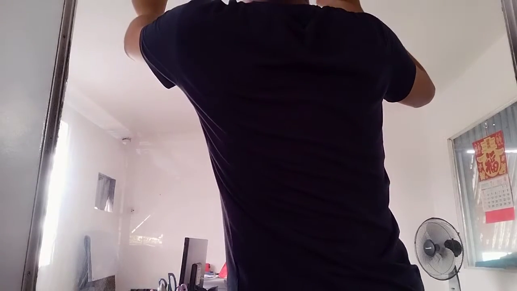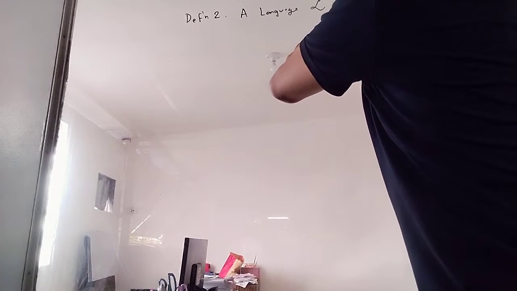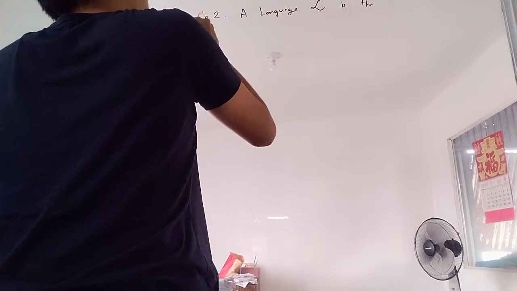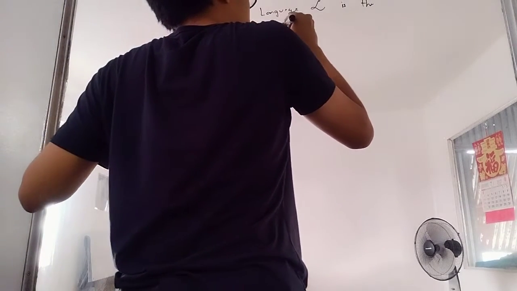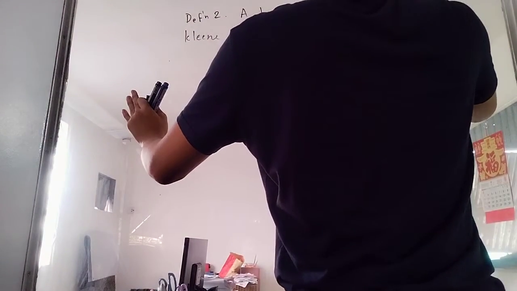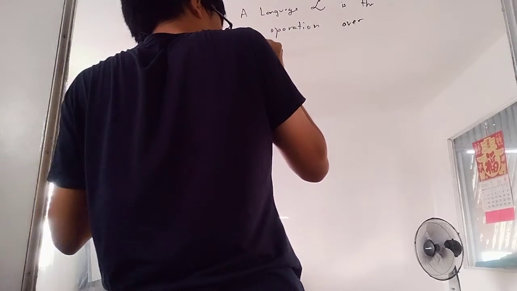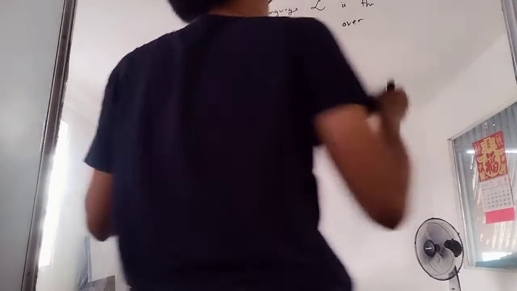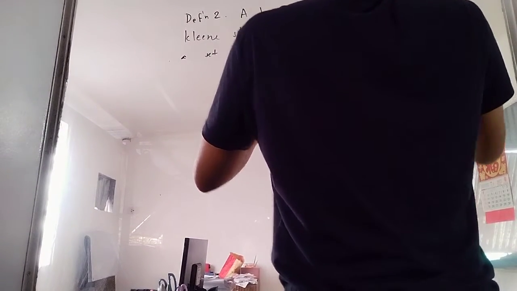A language, which I'll denote math cal L, is the Kleene star operation over a set of letters, in the literal sense.